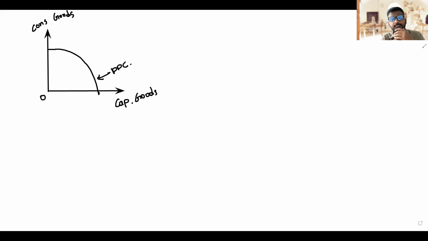You might have learned this in business studies, or if you have learned this part, obviously, you might have come across the definitions. Very good, Anjali. Consumer goods simply are the goods which are used for final consumption.